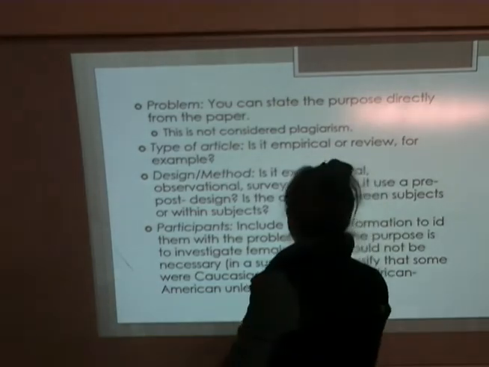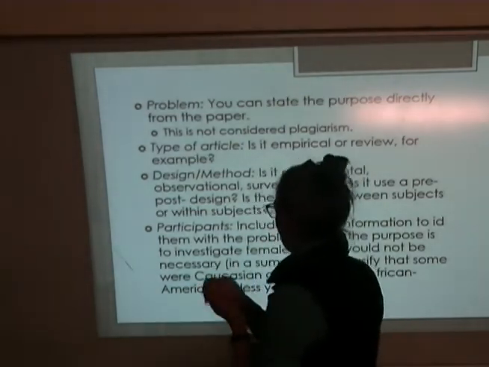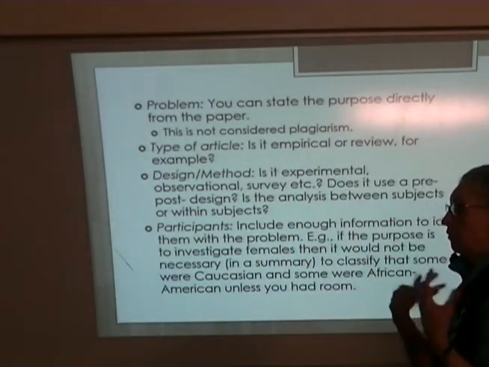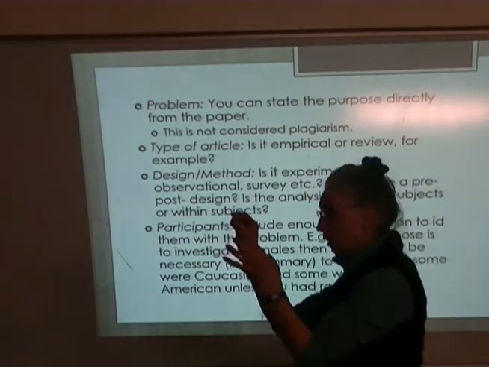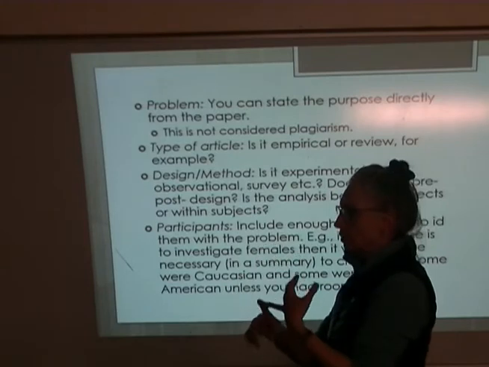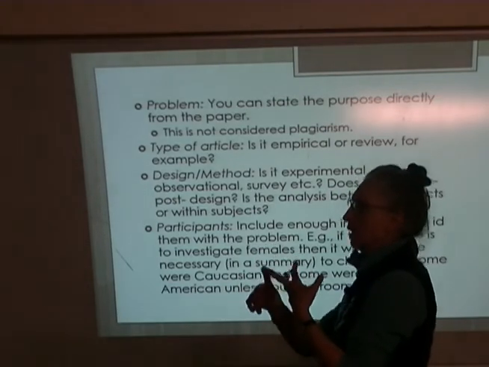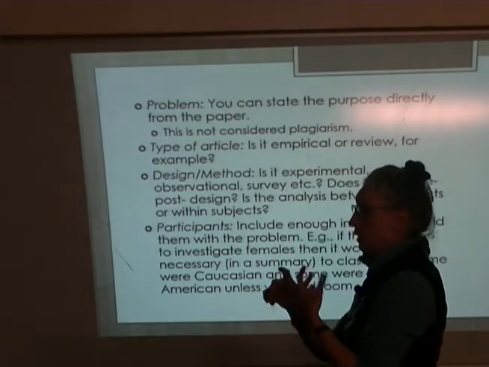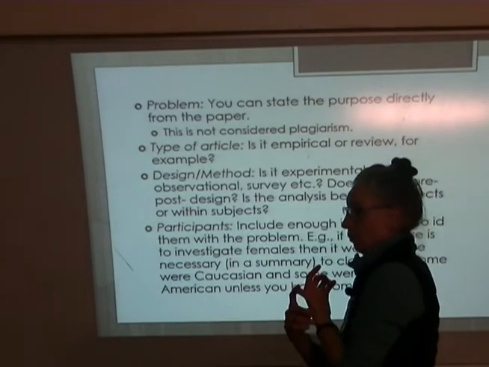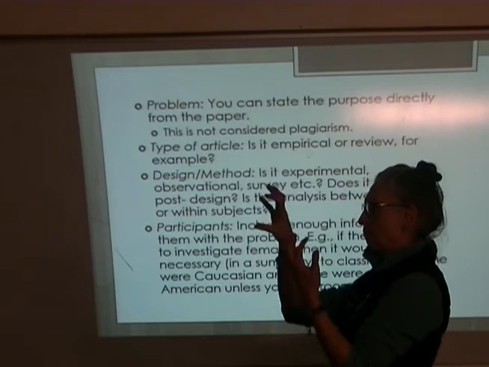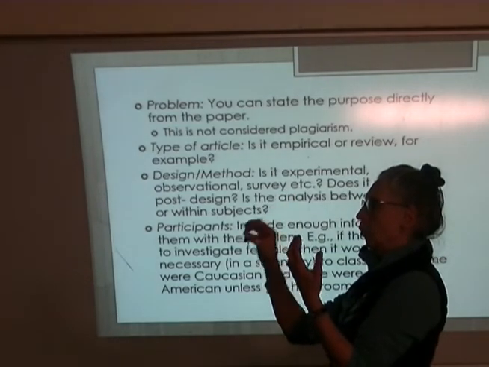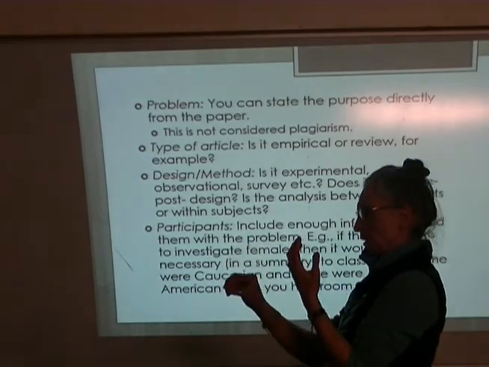Okay? The type of article, so go to the beginning of your APA manual, there's a title, the type of article, right? Is it quantitative? Is it qualitative? Is it mixed methods? Is it not empirical? Is it a lit review? Right? If it's empirical, the word empirical means that the authors collected original data.